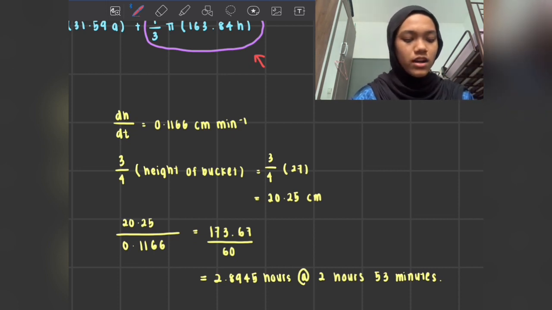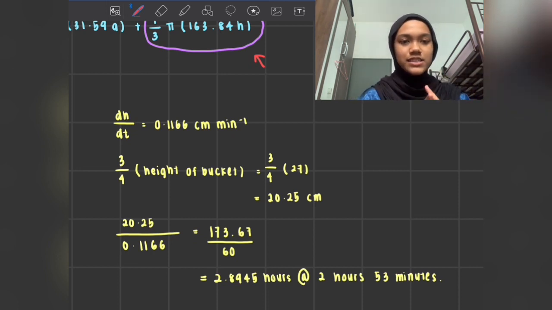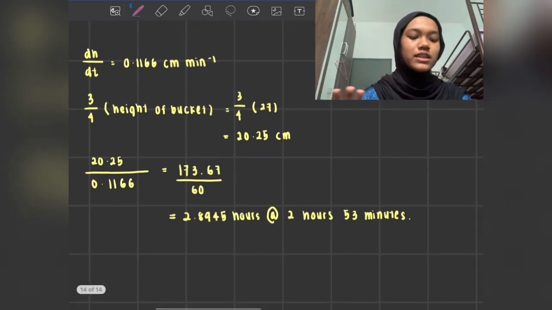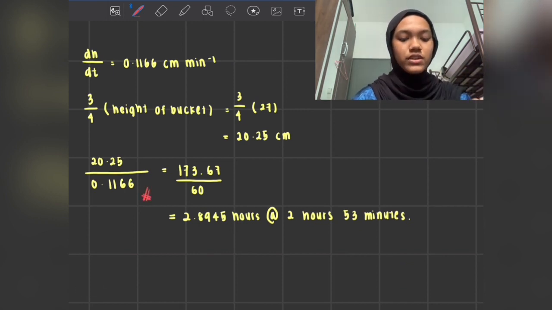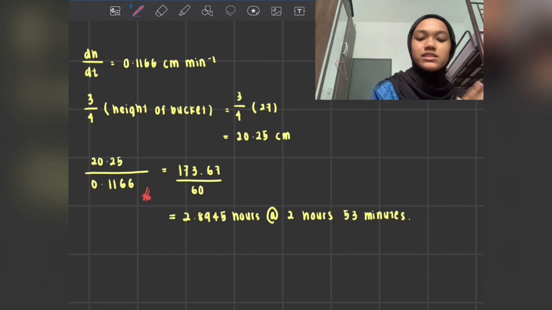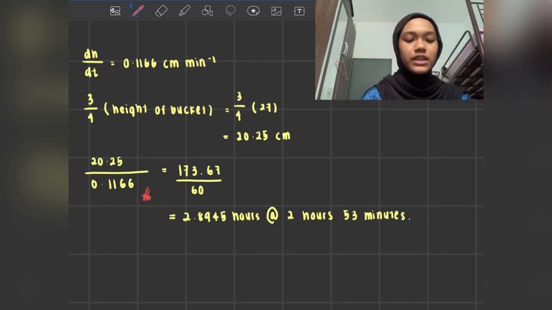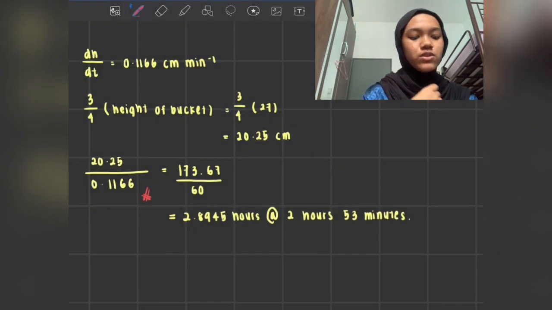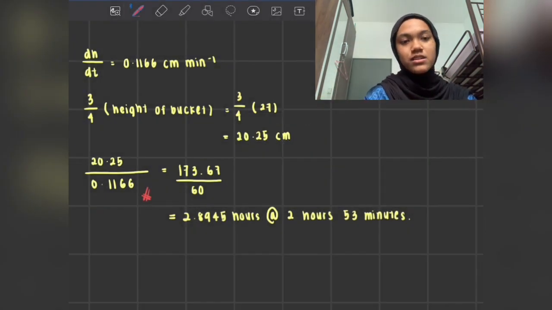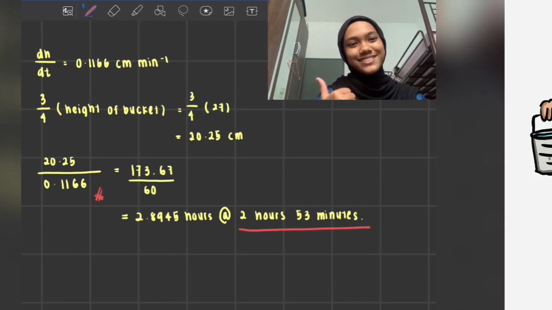Now the last calculation that we need to do is to find how many hours Ame needs to fill the bucket. So we need to divide 20.25 cm by dh over dt that we got before, which is 0.1166 cm per minute, and we get 2.8945, which equals 2 hours and 53 minutes. So that is the answer.